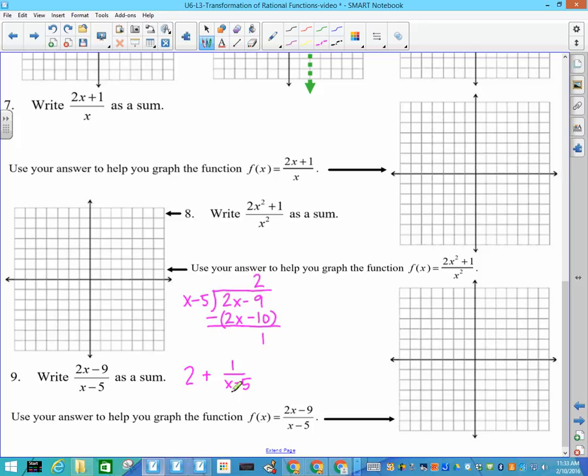So this 5 is going to affect the x. So my asymptote is now x equals 5. And this 2 is outside, so it's affecting that y asymptote. So I'm going to graph y equals 2 and x equals 5.